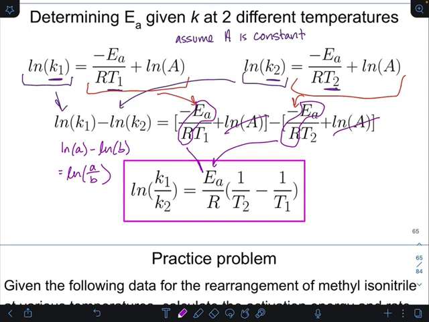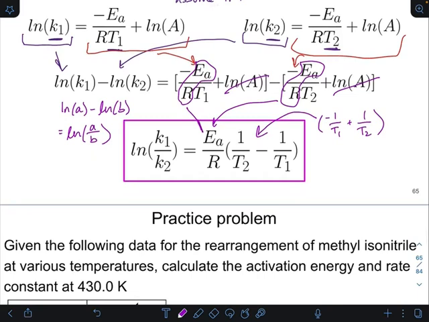And then what we're left with before we rearrange that on the inside would be negative 1 over T1 minus negative, which becomes a positive, plus 1 over T2. And then we can rewrite that as 1 over T2 minus 1 over T1. You will also see this written with the negative sign factored out. So these are the same equation, just written in 2 different ways.